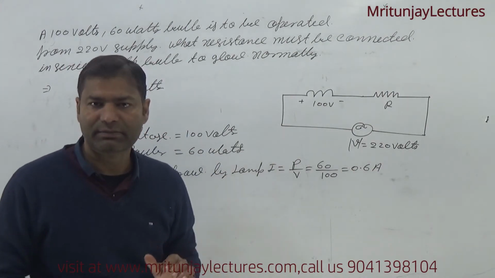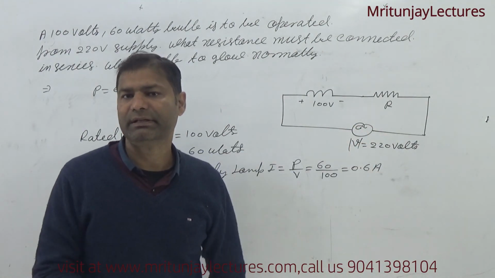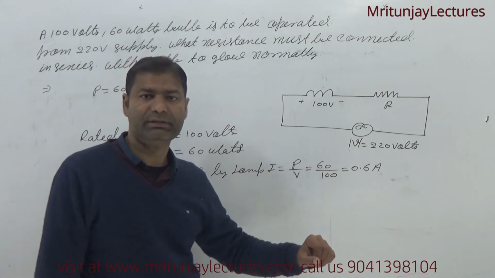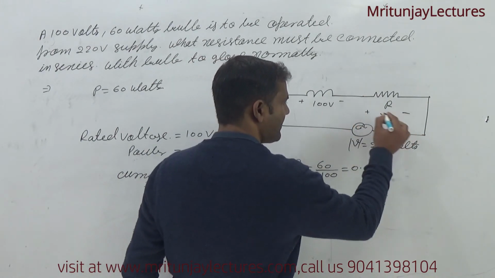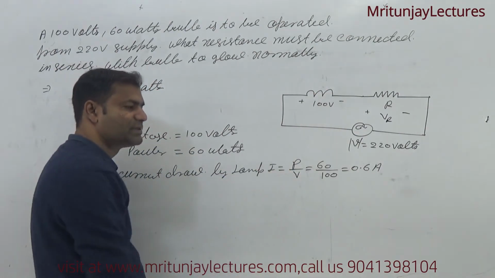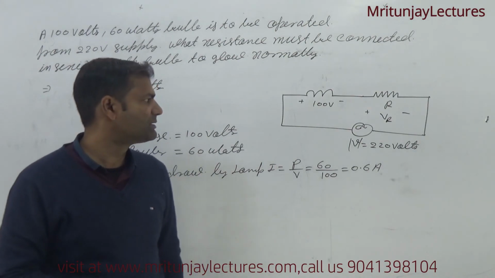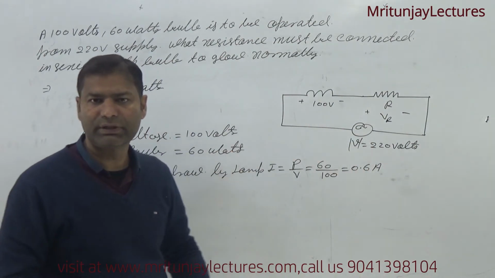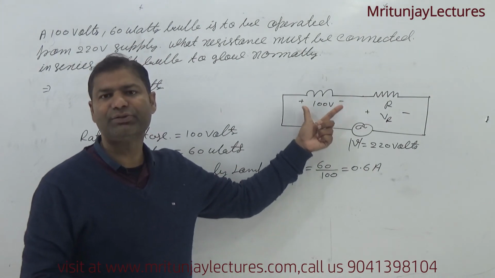Only non-inductive parameters are connected here, so inductance is 0. Suppose the voltage across the resistance is VR, and the lamp is also non-inductive, so the voltage across the lamp is also resistive.